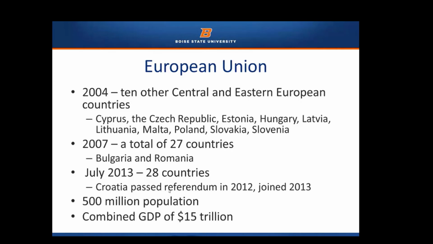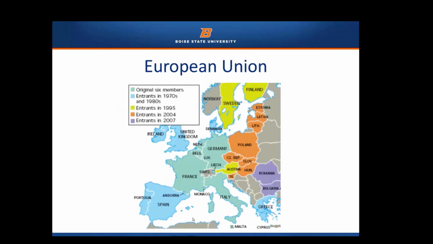They passed a referendum saying that yes, the population in Croatia votes to join the European Union. That's a requirement. That happened in 2012, and they joined in July. So at this point the European Union has 28 countries, about 500 million people, and a combined GDP of $15 trillion, which is about what the United States has.